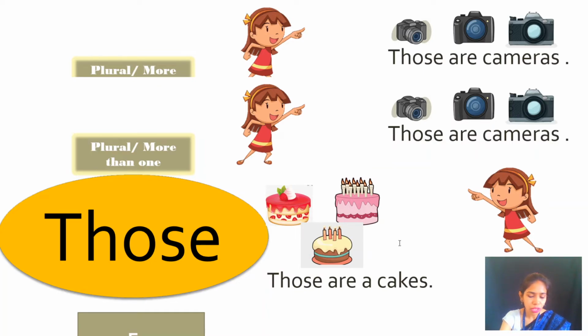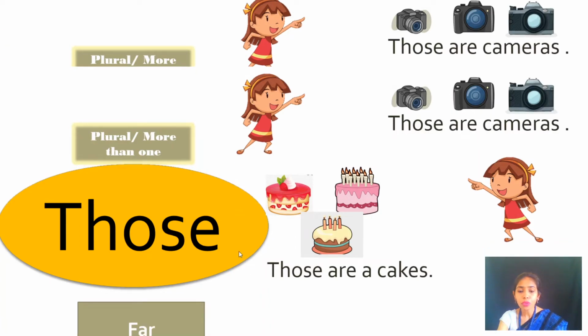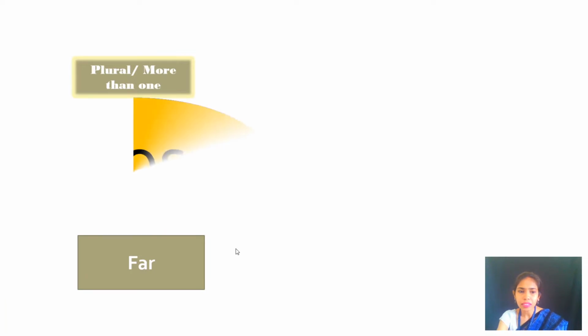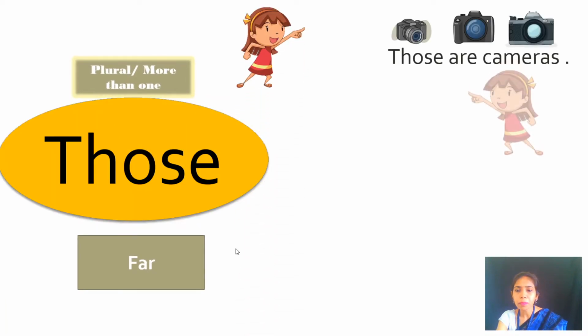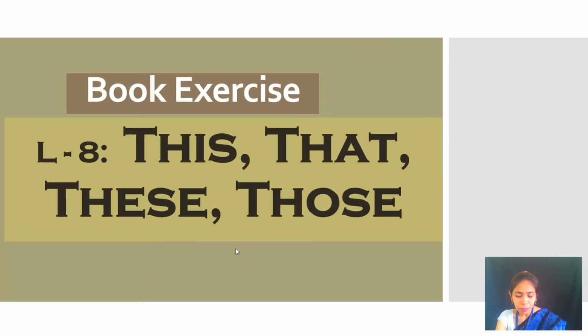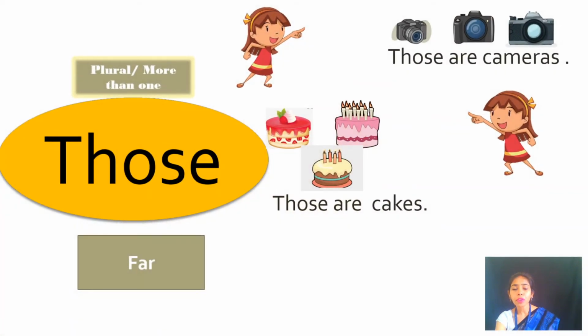Cakes हैं. Those are cakes. Okay? So those are cakes. Why the girl is pointing out those are cakes? Because children, the cakes are kept far, right?